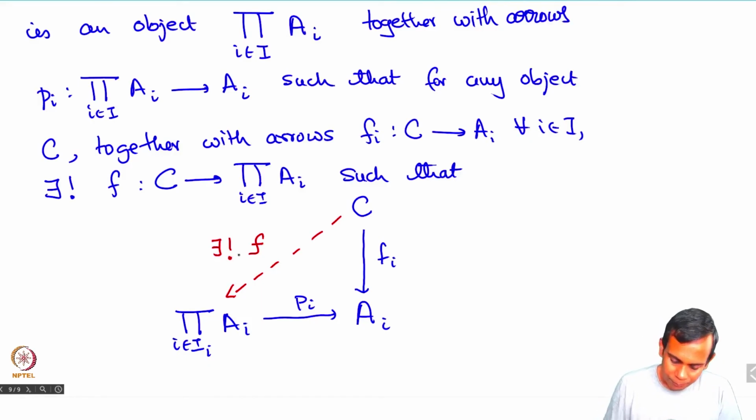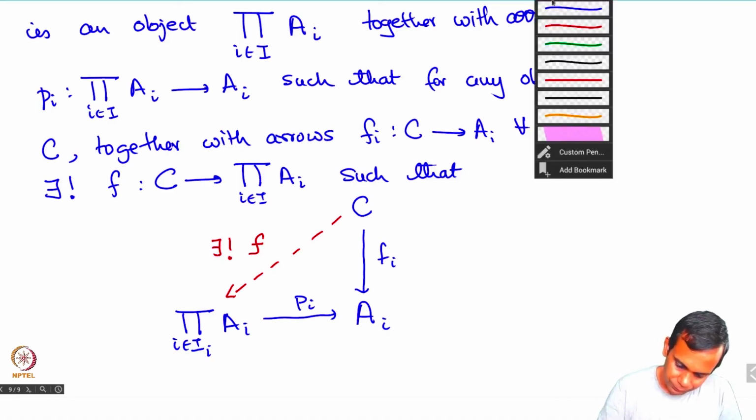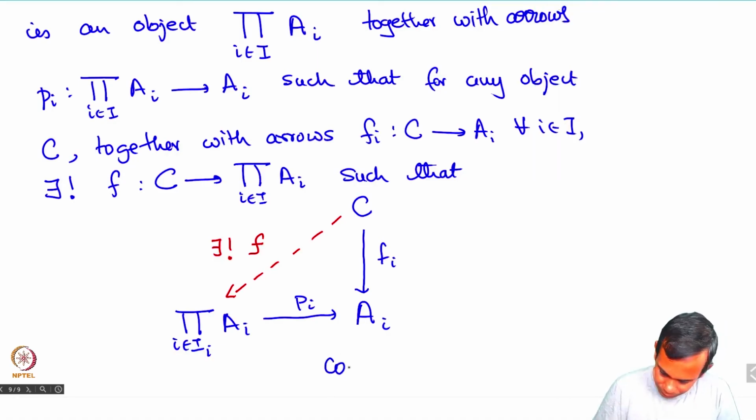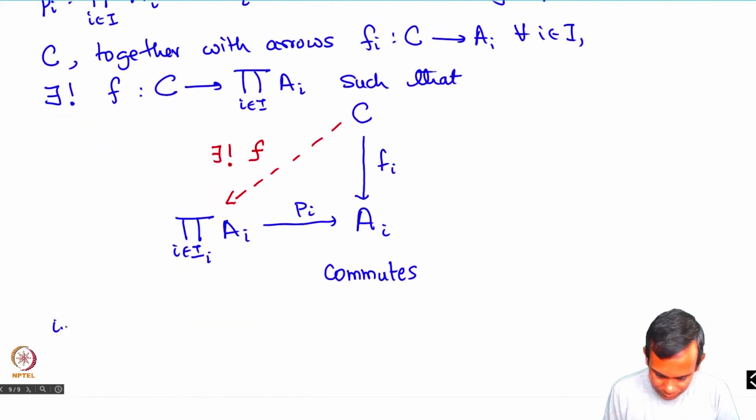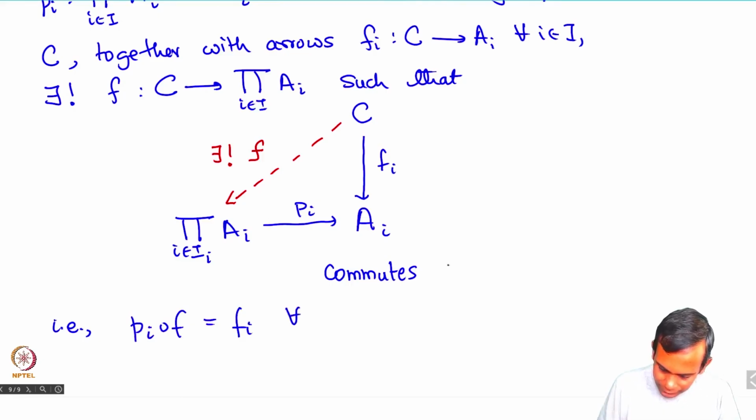This diagram commutes. In other words, we are saying that pi_i circle f is equal to f_i for all i in I. So we want to say for all i in I, this diagram commutes.